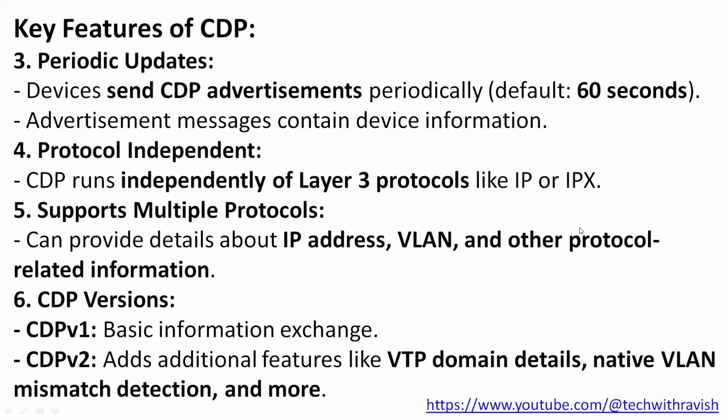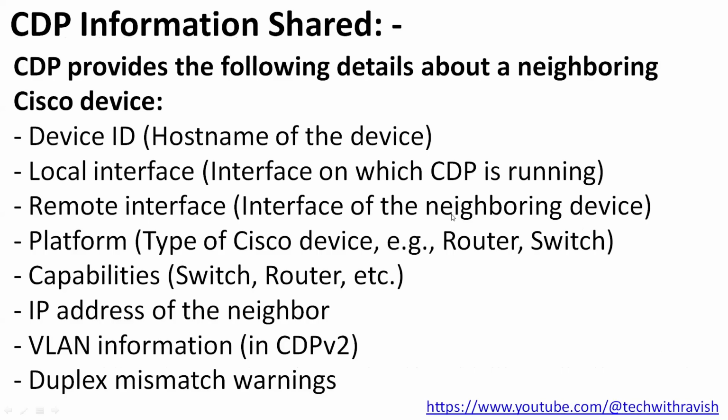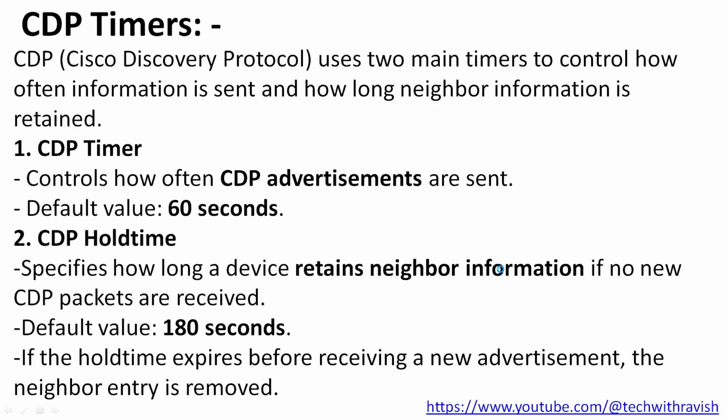So what information is shared by the CDP protocol? We already told you: device ID, local interface, and so on. Let's talk about the CDP protocol timers. We have two types of timers in CDP. The first is the CDP timer, which forwards every 60 seconds and is used for the CDP advertisement in which all the information is forwarded. The second is the CDP hold time.